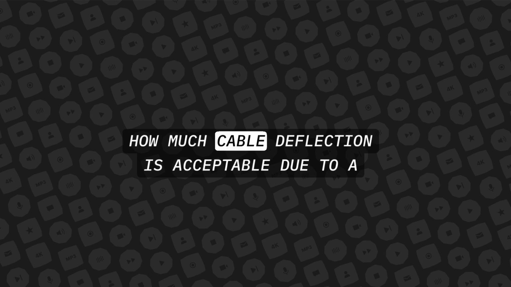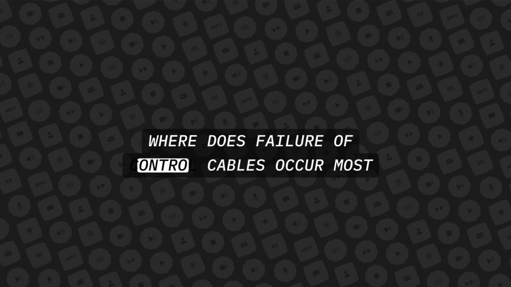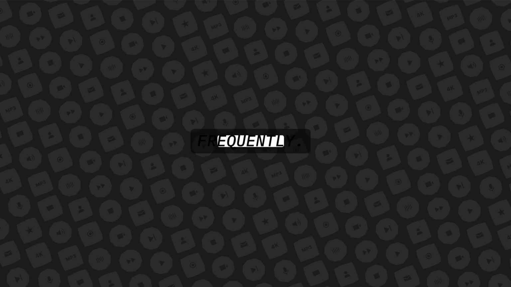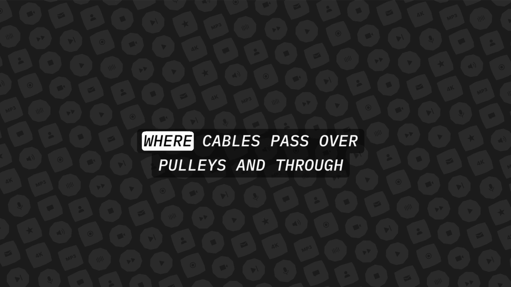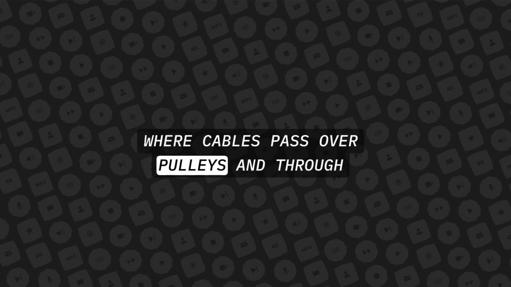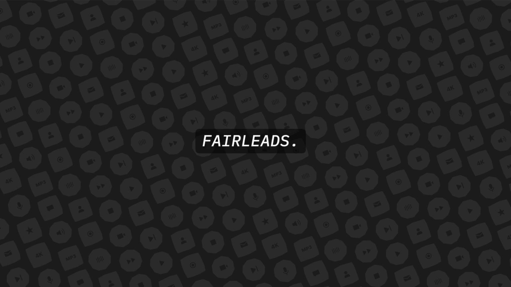How much cable deflection is acceptable due to a fair lead? 3 degrees. Where does failure of control cables occur most frequently? Breakage of wire strands occurs most frequently where cables pass over pulleys and through fair leads.